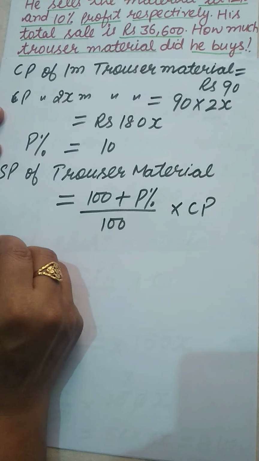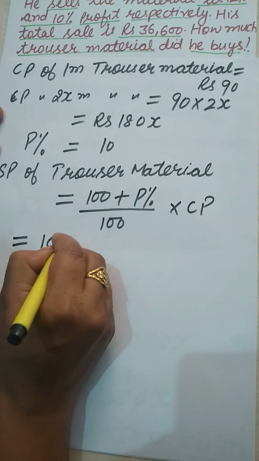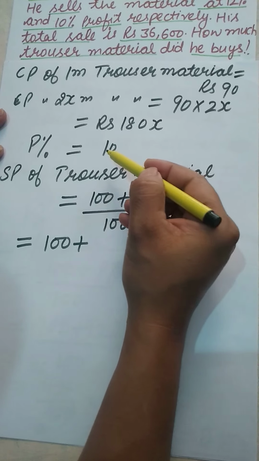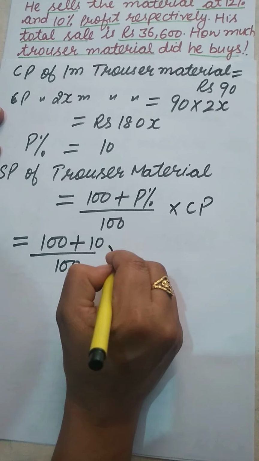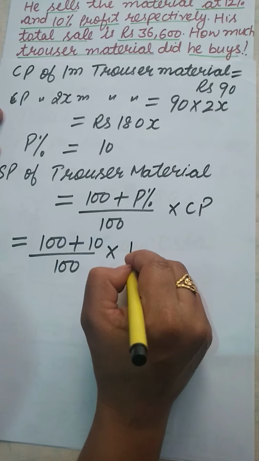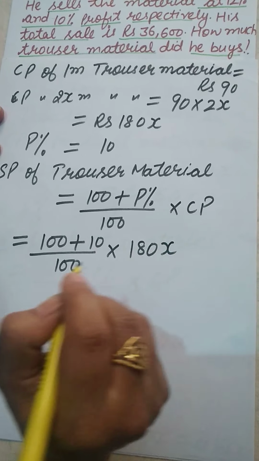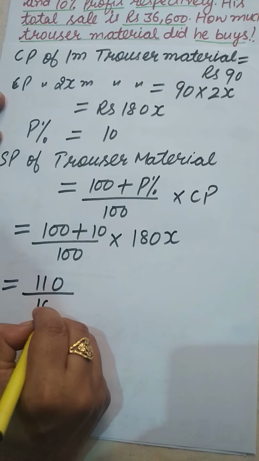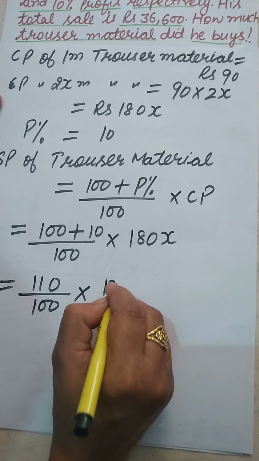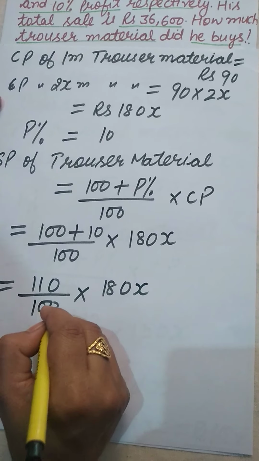So substitute the values. 100 plus profit percent 10, divided by 100, cost price is 180x. It is equal to 110 upon 100 multiplied by 180x.